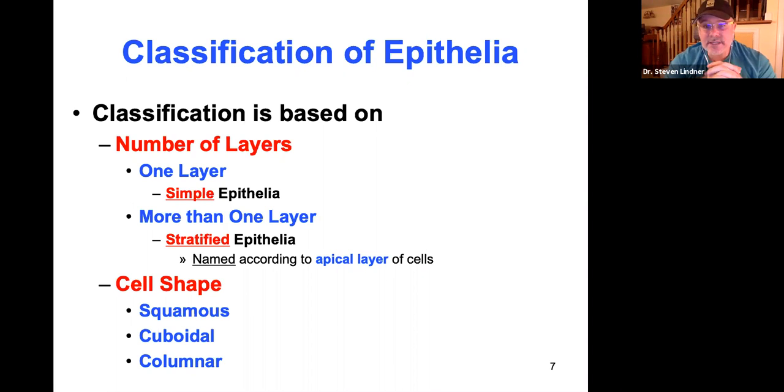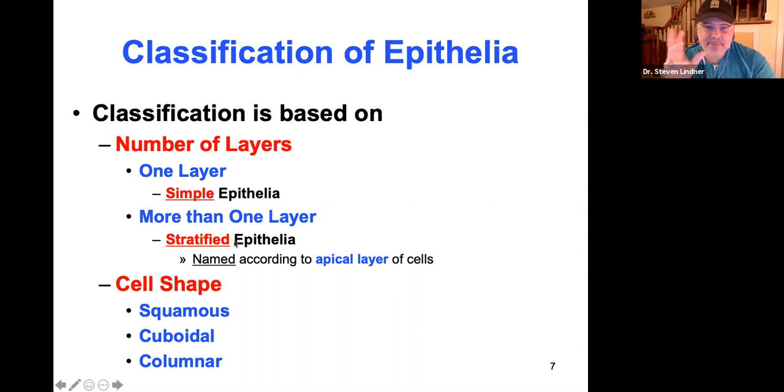One of the really important questions is, number one, when I look at the apical surface, the top layer, or the layer that's closest to the lumen, which is the hole of that tubule or vessel, does it look like there's one layer of cells, or multiple layers? If we see that it's one layer thick, we use the word simple epithelia. If we see that it's more than one layer thick, we call it stratified.